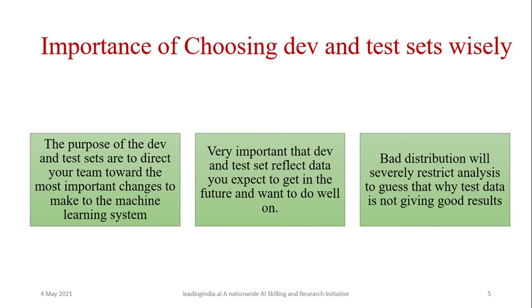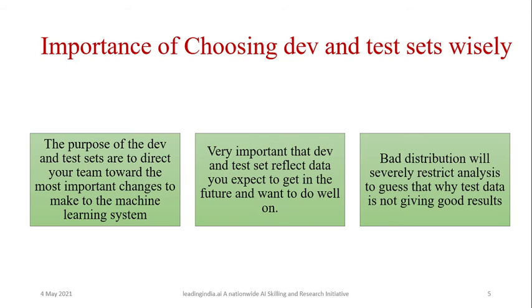Now, why do we choose the development set and test set wisely? As I told you, if your distribution is not good, let me take one example. Suppose you want to classify animals, and you have arranged your data in alphabetical order. Suppose you take the top 70% for training, the next 15% for development, and the next 15% for test.